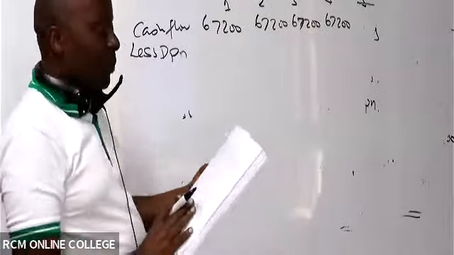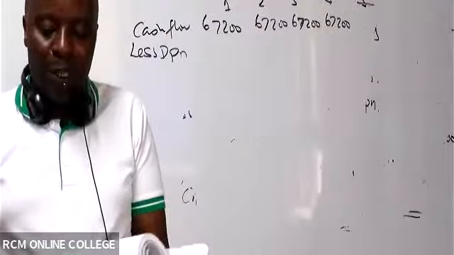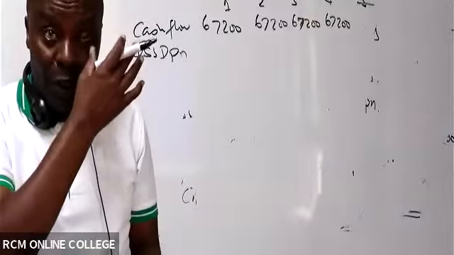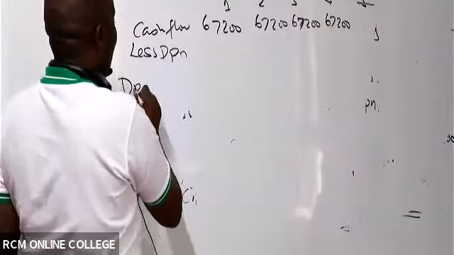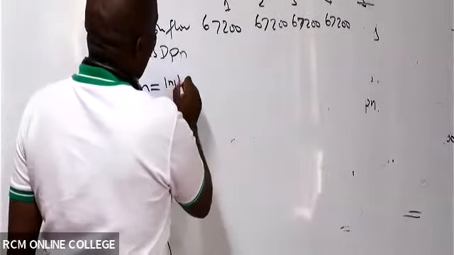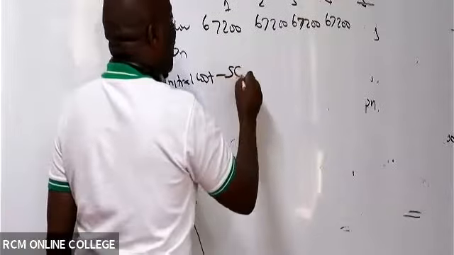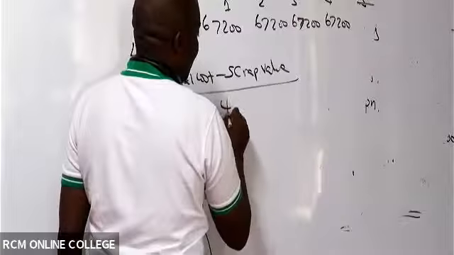Are you able to see depreciation somewhere there? We must compute it, and to get it is really easy. We take the initial cost, subtract the scrap value, divided by the number of years, which are 4.